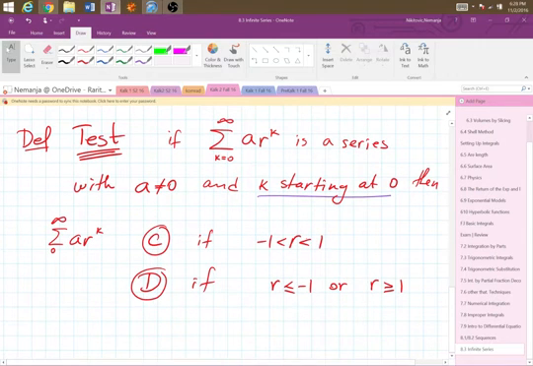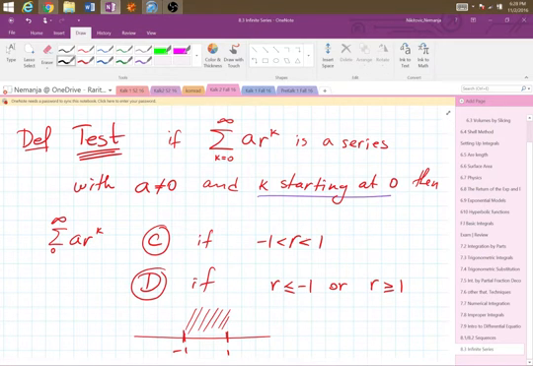And they also give the graph of this, saying that this is where the convergence happens and this is where divergence happens.